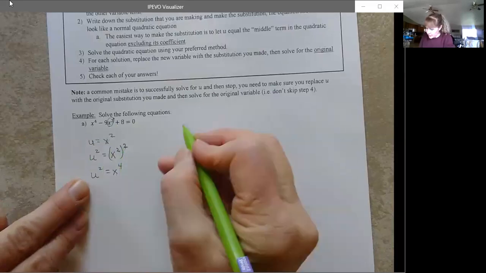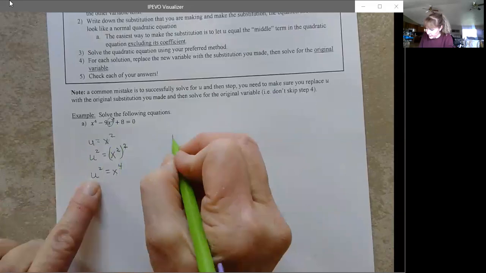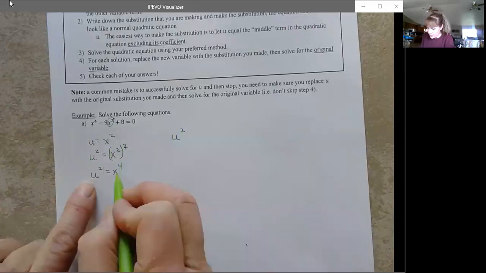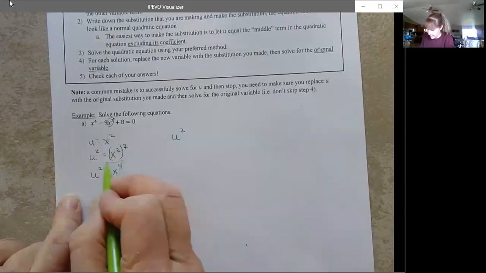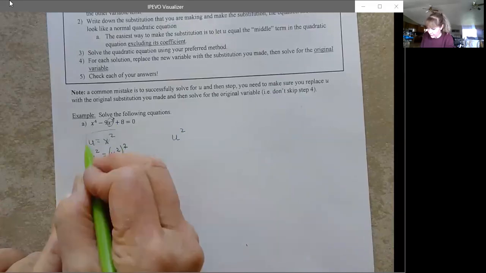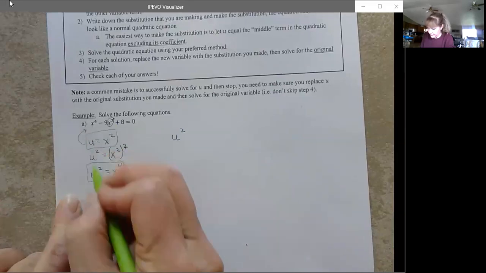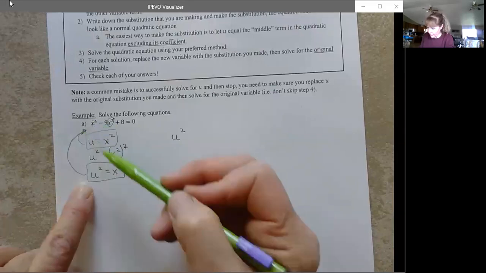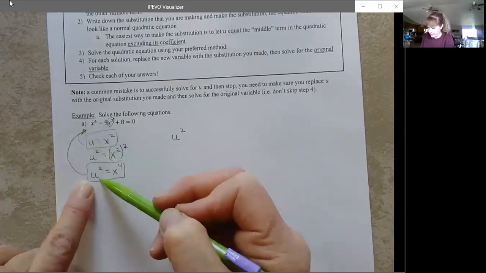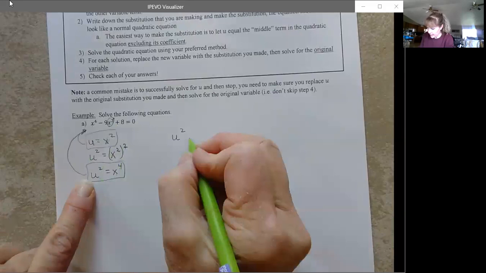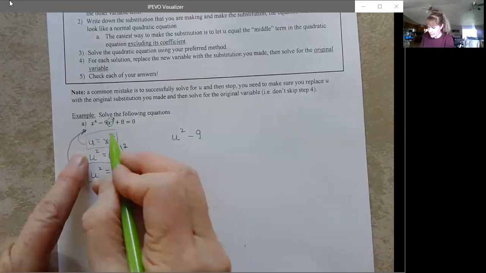So our equation is now U squared, because I'm substituting this in and this in for these here. So the x to the 4th becomes U squared minus 9. The x squared is equal to U.